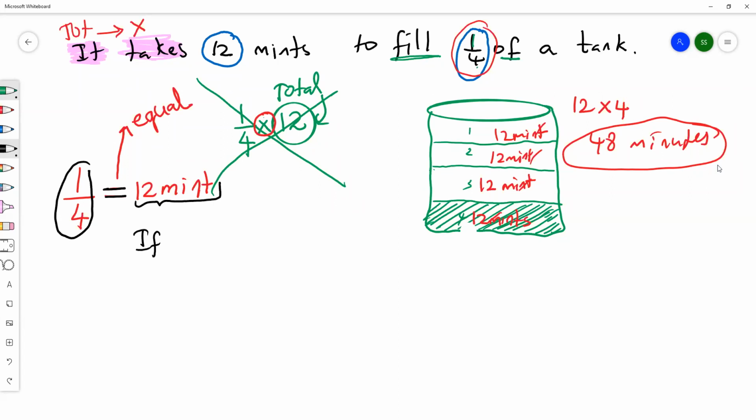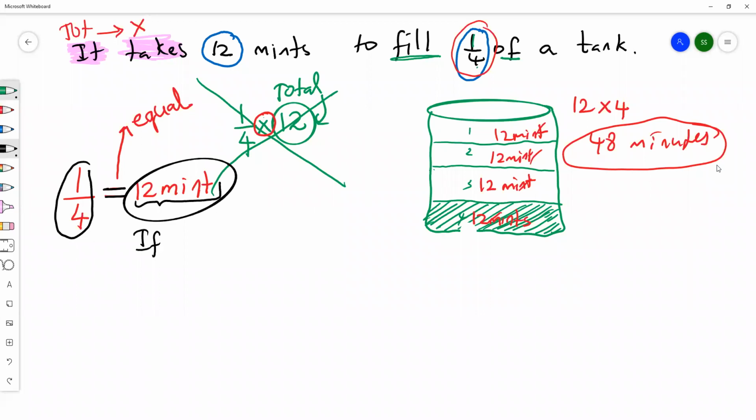The unit after the equal mark may be rupees, coconuts, mangoes, apples, liter or milliliter, whatever it is, no problem.